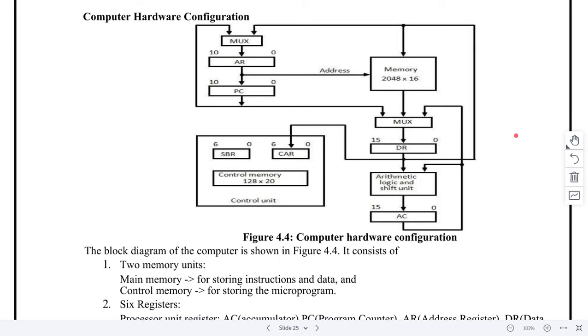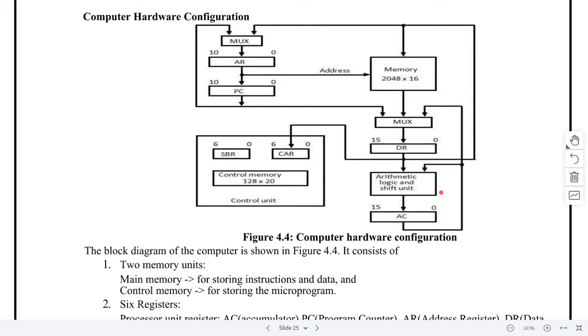So there are two memories: main memory and control memory. Main memory has four registers: the accumulator, the data register, the address register, and the PC. PC is used for incrementing to the next instruction. AR is used to fetch the instruction from the memory.